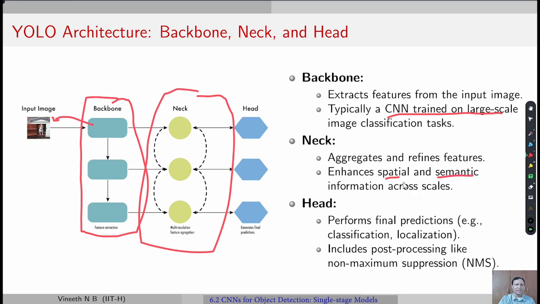So at this stage, it was common to aggregate and refine features. And finally, of course, the head, which performs classification, as well as post-processing steps like NMS or non-maximum suppression.